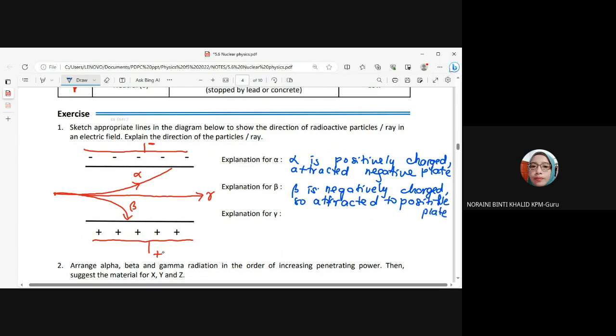Untuk gamma, gamma is neutral, so it is not deflected by the electric field. Okay, jadi dia tak ada deflection.